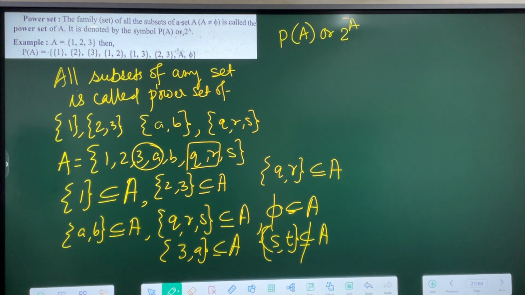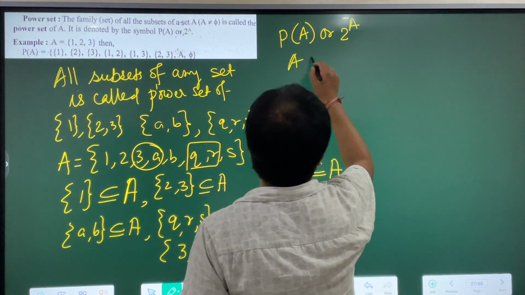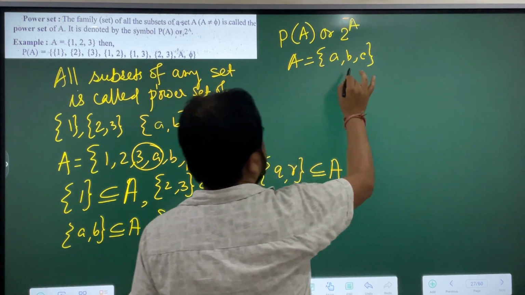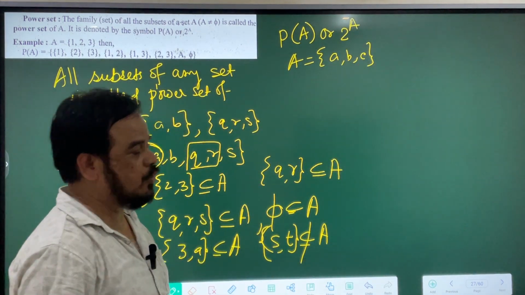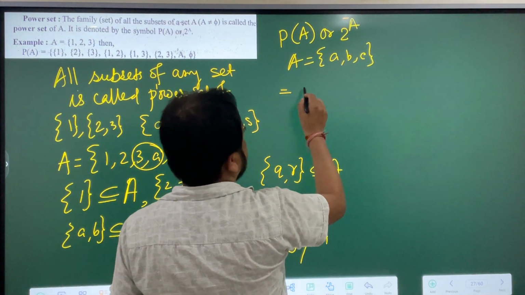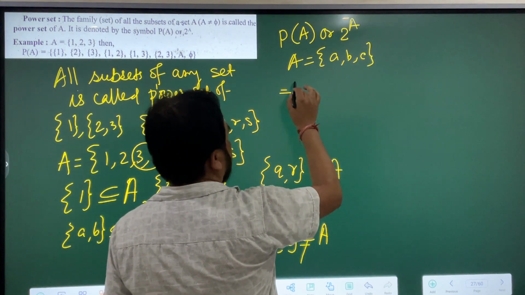Now here one example is given. I will show you one example separately. A, B, C. This is a set in which 3 elements are there. So how many subsets will we get? Let us write the subsets of A, the power set of A shortly.